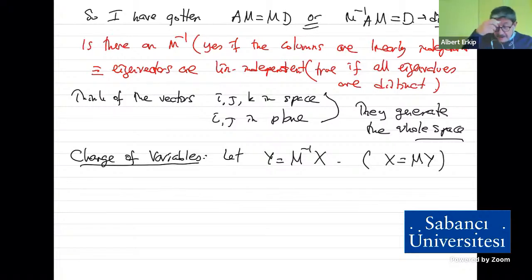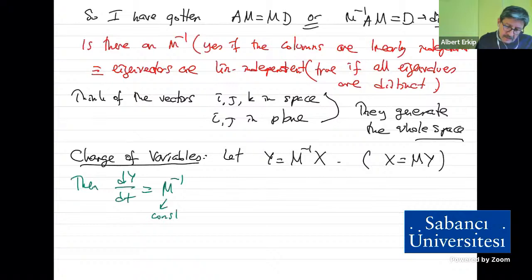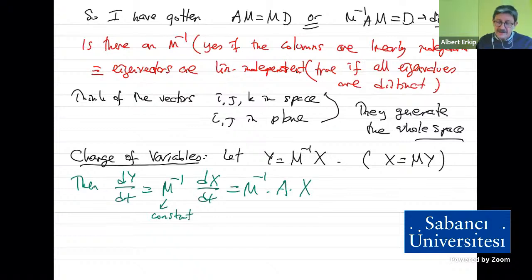Now let's try to write the equation. dy/dt equals M inverse, this is constant, times dx/dt. And dx/dt is M inverse times A x, because dx/dt is A x.